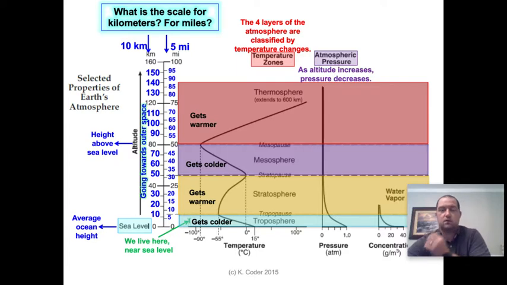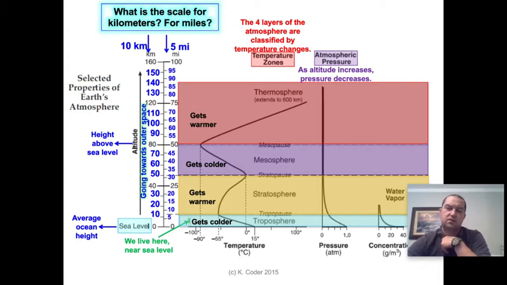Our next chart to the right is atmospheric pressure. On the scale here, we can see 0 and 1. As I go up in altitude, the scale shifts to the left, but it never really gets to 0. Pressure never decreases to 0, but as altitude increases, pressure decreases.